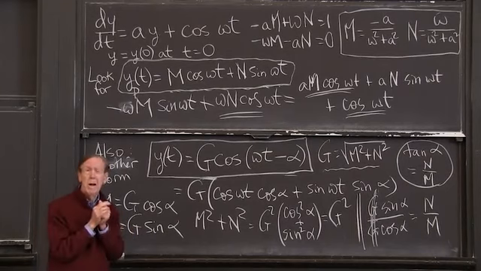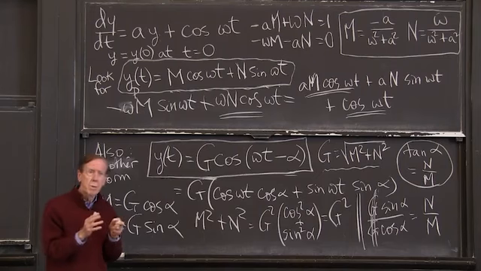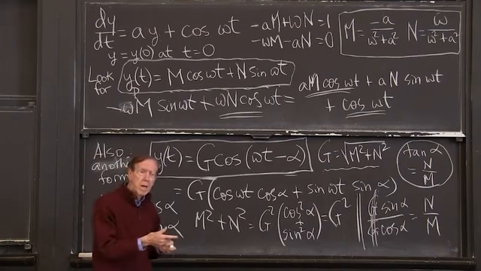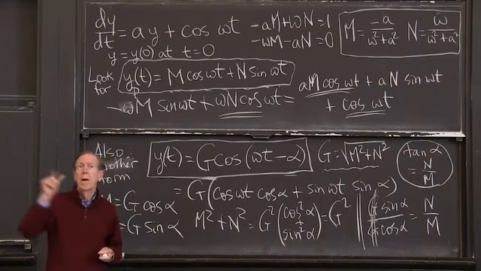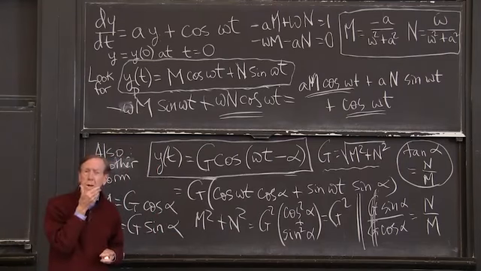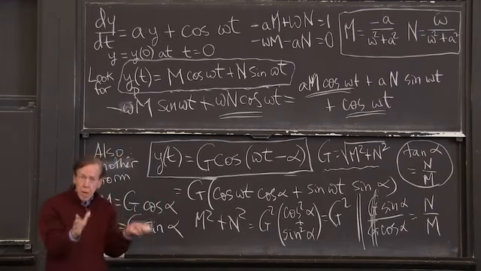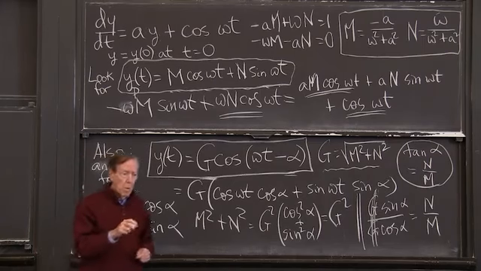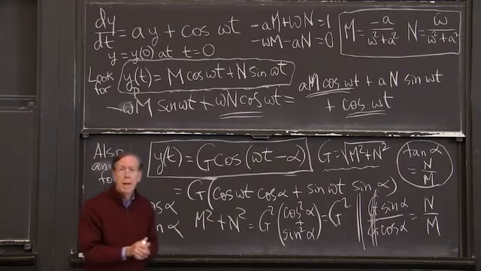The key fact about complex numbers, Euler's great formula, will give me a connection between cosine omega t and sine omega t with e to the i omega t. So at the price of introducing that imaginary number i, or j for electrical engineers, we're back to exponentials. So that'll come in the next lecture.